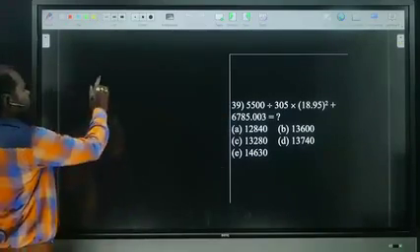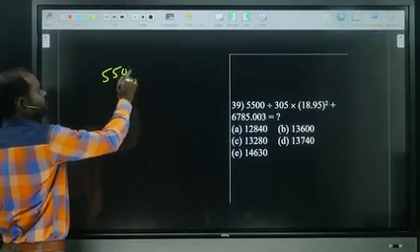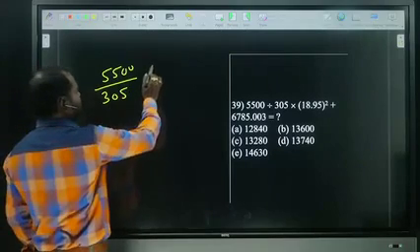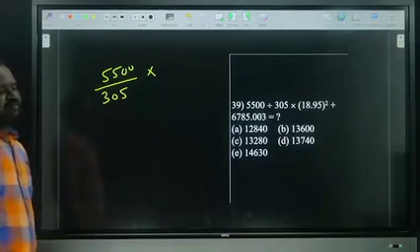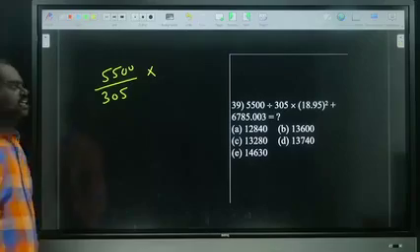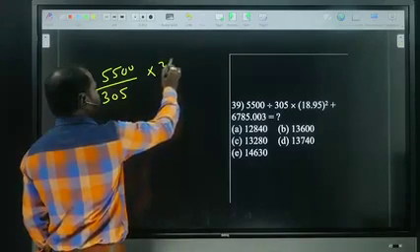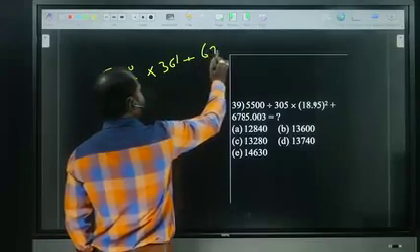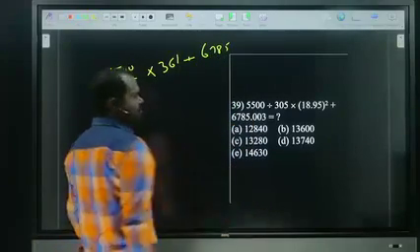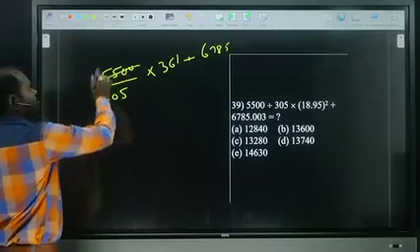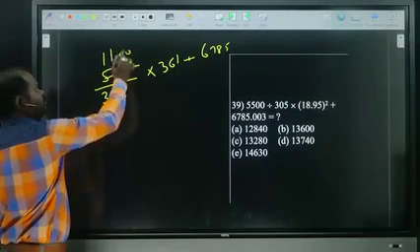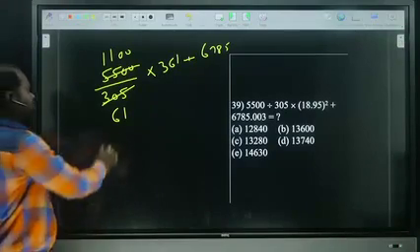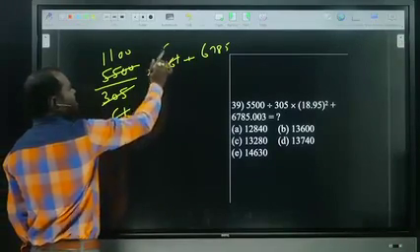Now 5500 by 305 into 18.95. We take it as 19. What is 19 square? 361, plus 6785. Neglect the point part. Now 5500 by 305, 61 is nearly 6 times.